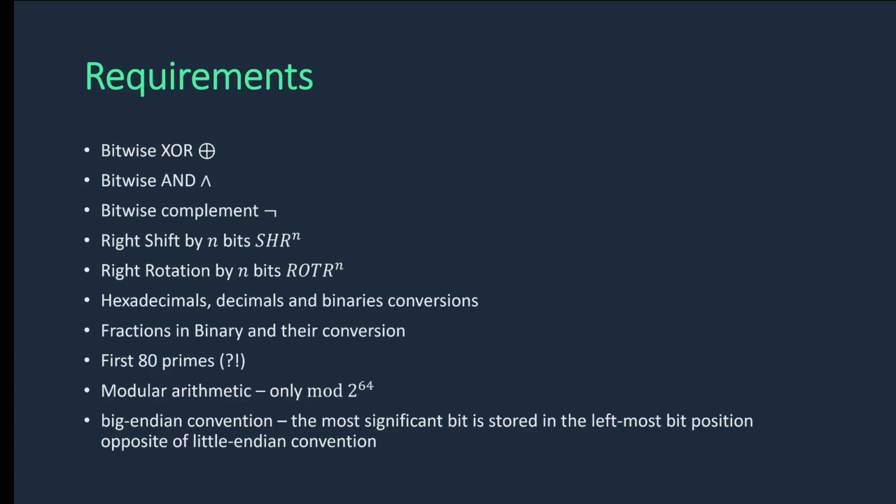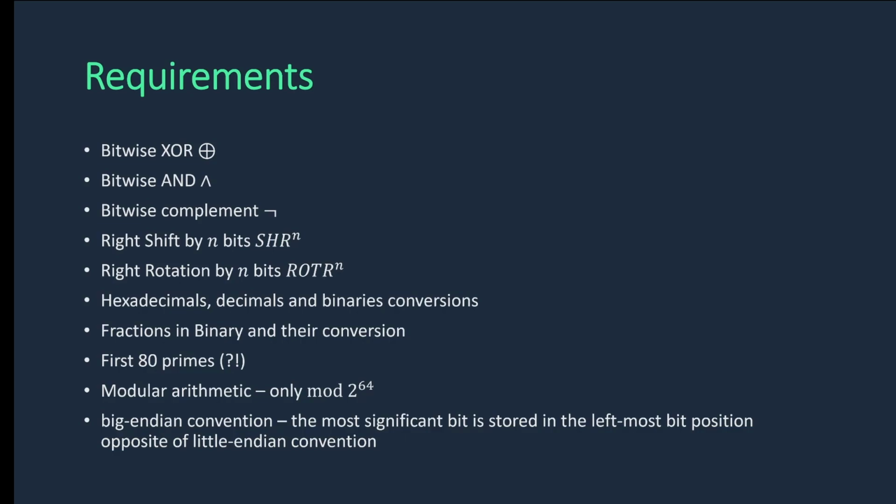This part is only for us humans to understand, but for the purpose of implementing it in a computer, computers work in binaries and they can convert numbers very easily. So I'll just go over them only for the viewers to understand what is going on in the algorithm, and then understanding the conversions of fractions in binary and numbers in base 10 is going to be important.